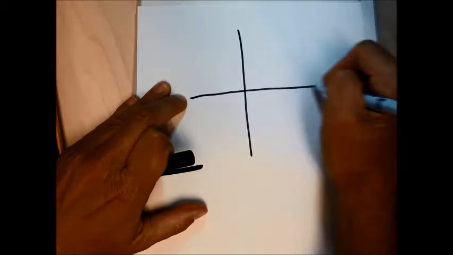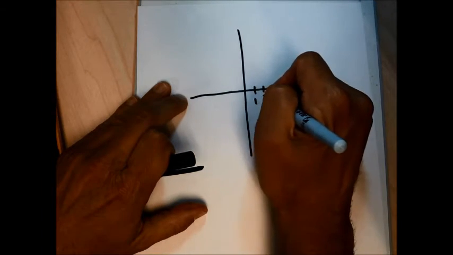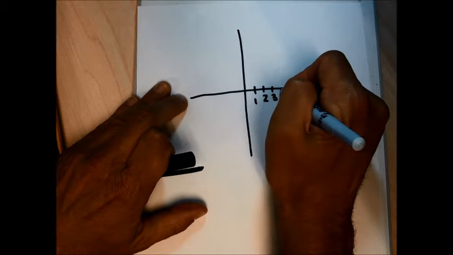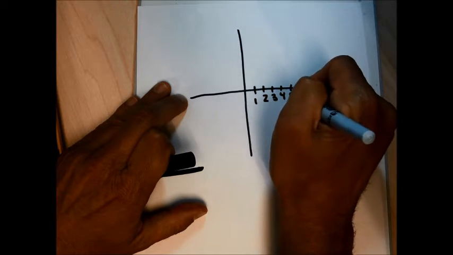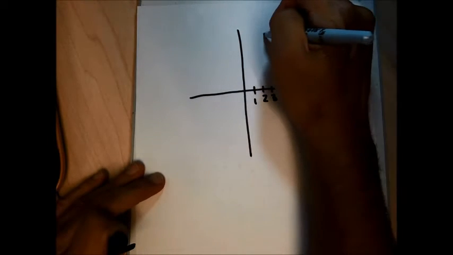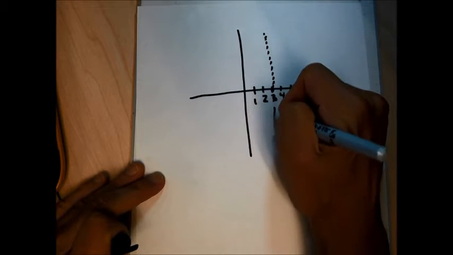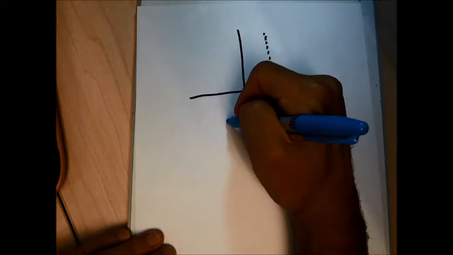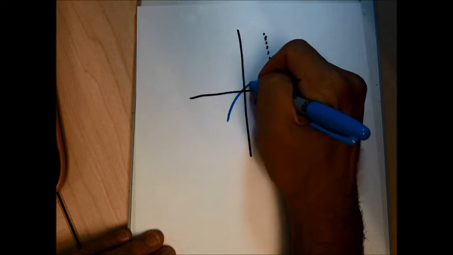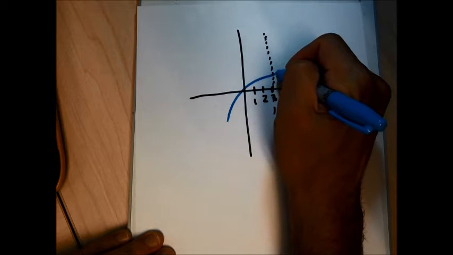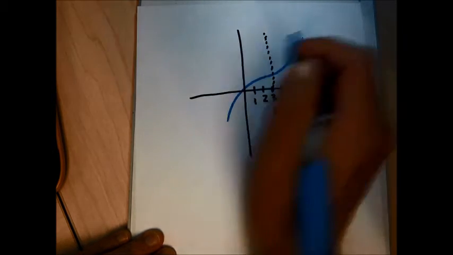I'm just drawing random pictures here to illustrate continuity. So again, here's the x equals 3. And as I draw my graph, I'm just going to keep drawing, get to 3, and keep drawing again.